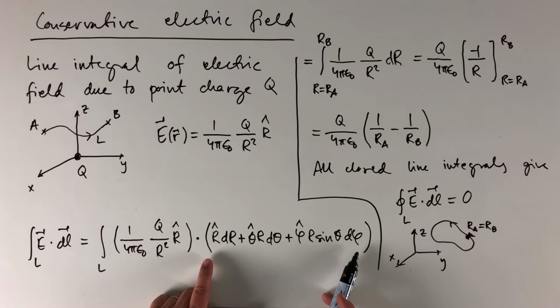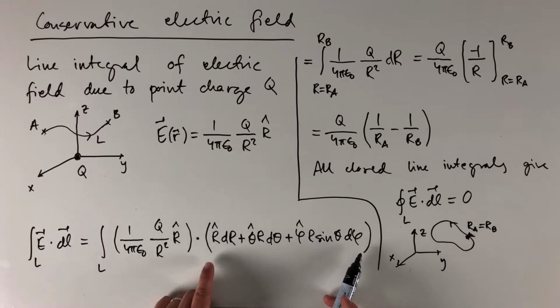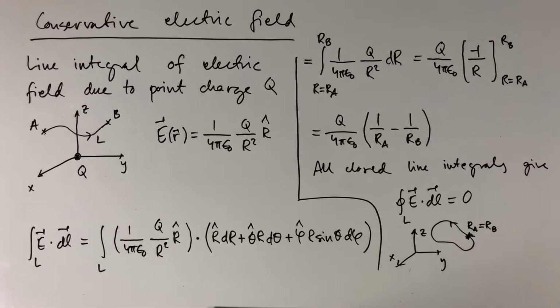So this is the expression for the vectorial line integration element in spherical coordinates with the three spherical components r hat, theta hat, and phi hat.